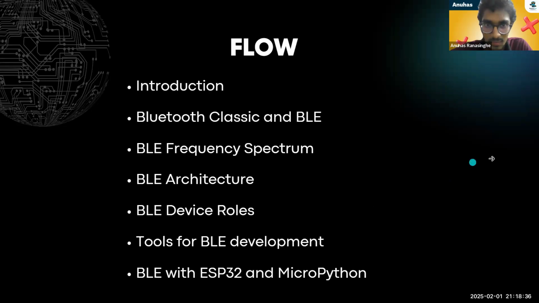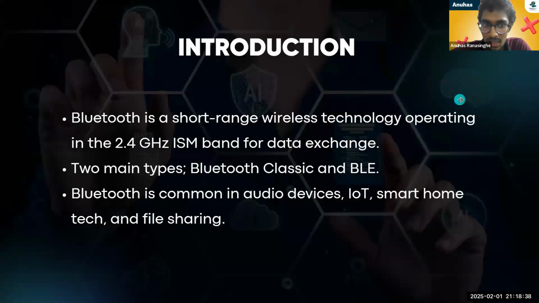So first, as for the introduction, Bluetooth is a short-range wireless technology, as I mentioned before. It is in the range of the 2.4 gigahertz ISM band, which is the international industrial, scientific, and medical band for data exchange.